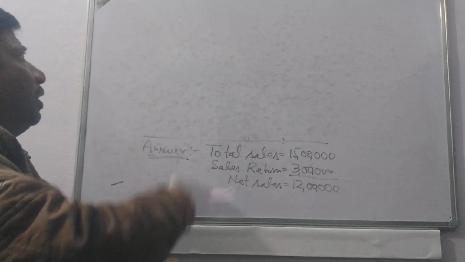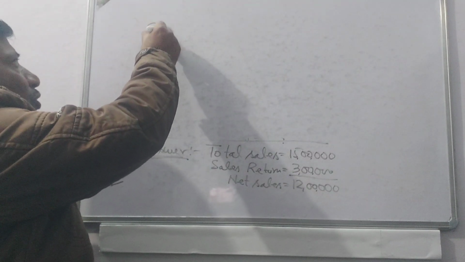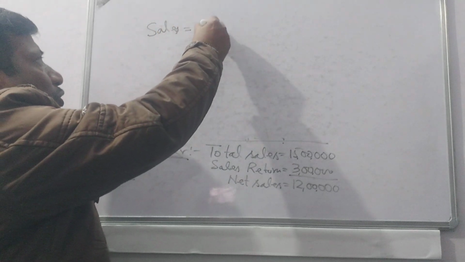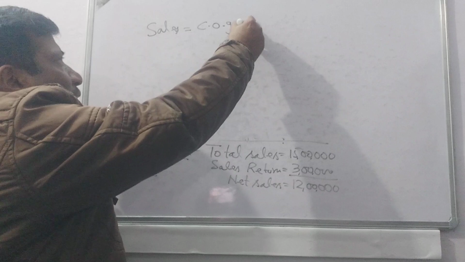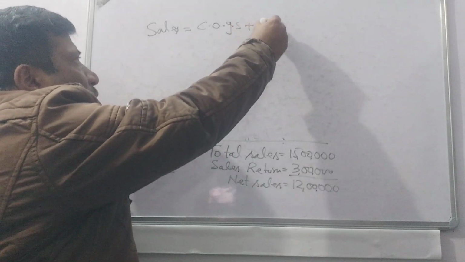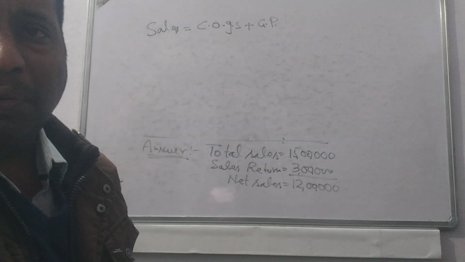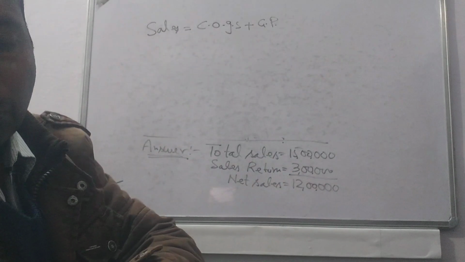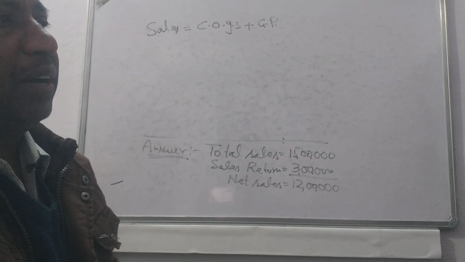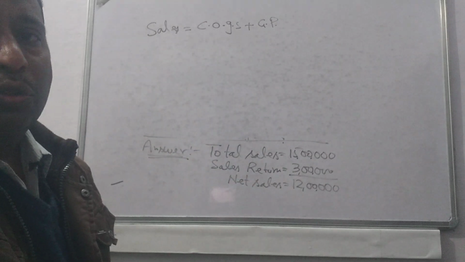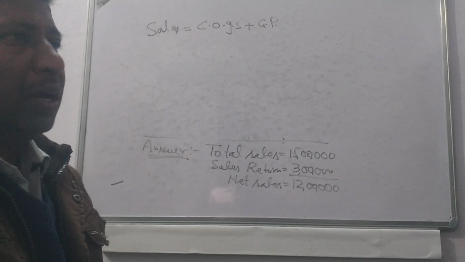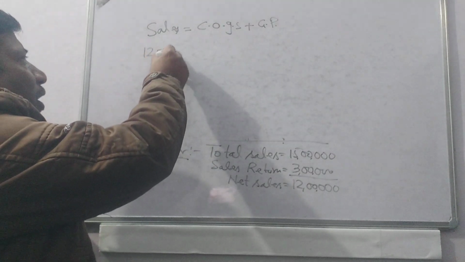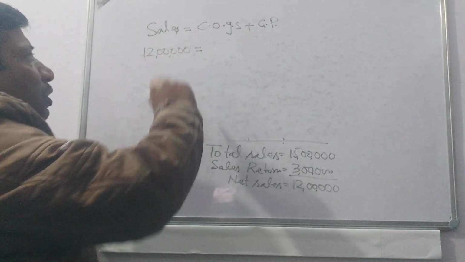Whenever we are calculating, the basic formula is sales equals COGS plus gross profit. So net sales is 12 lakh rupees equals.